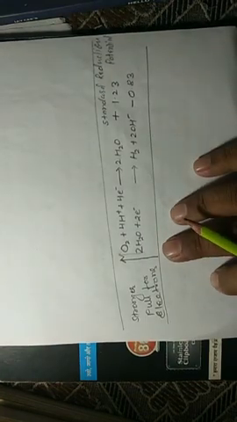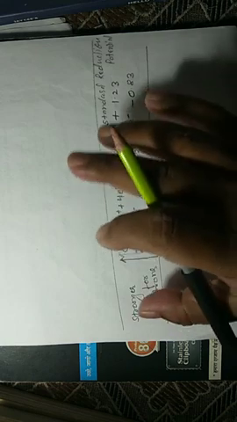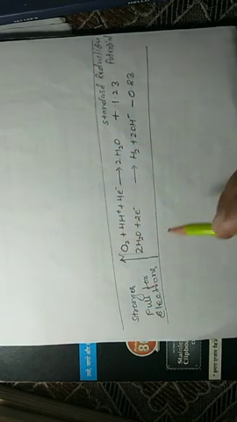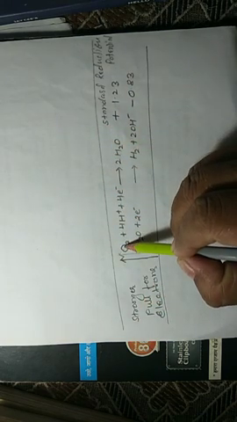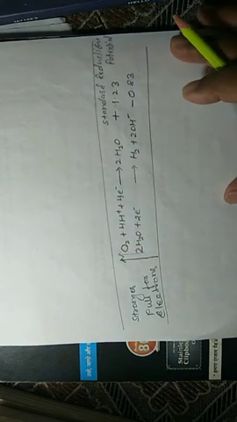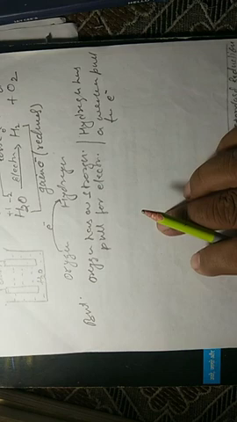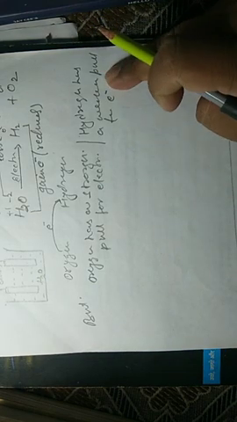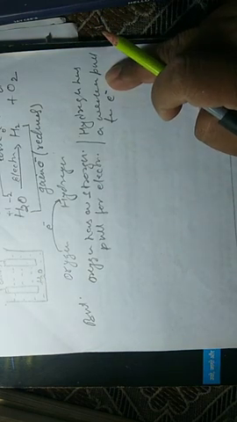Then how does it happen? Look at the table. According to that table, oxygen has a stronger pull, hydrogen has weaker pull.